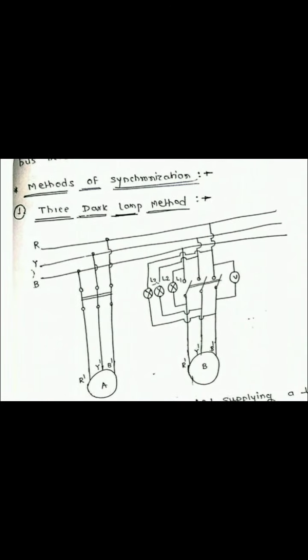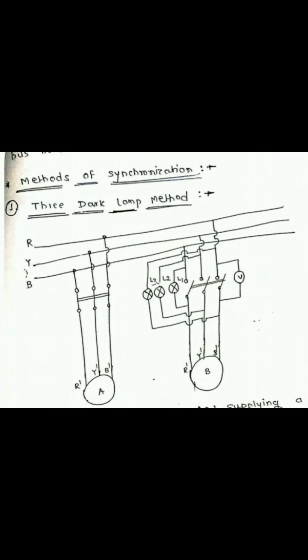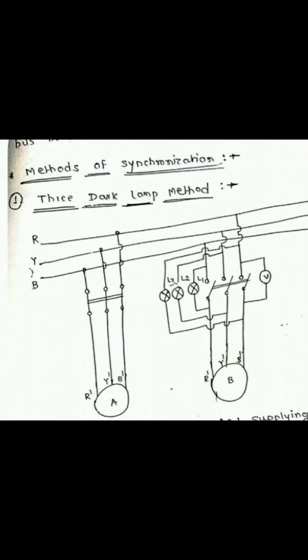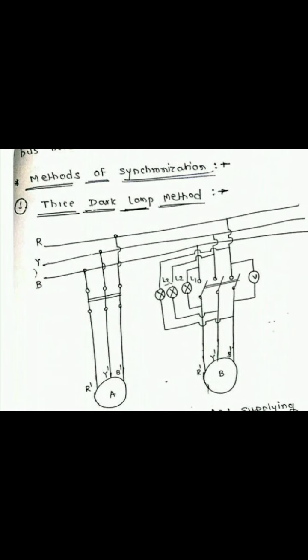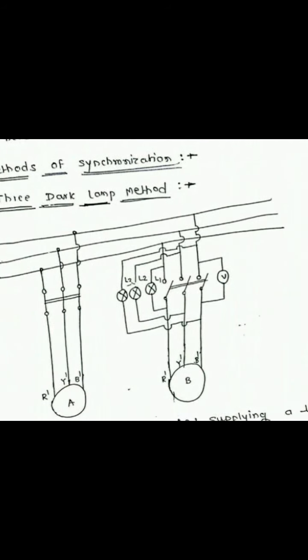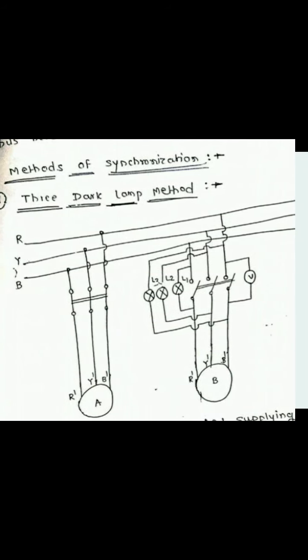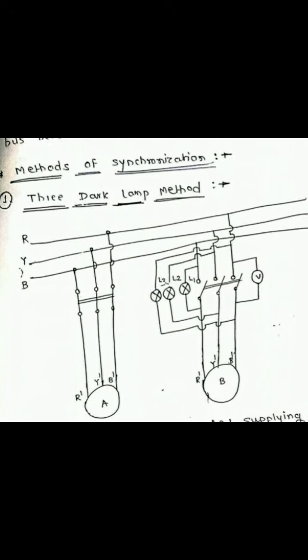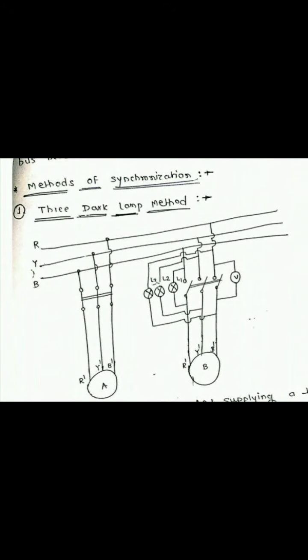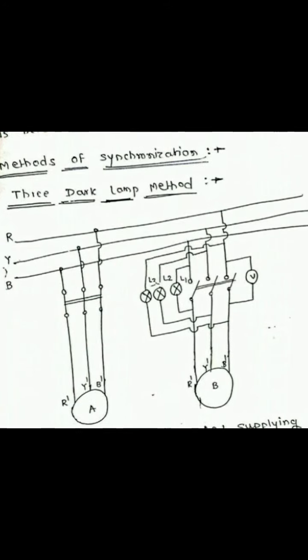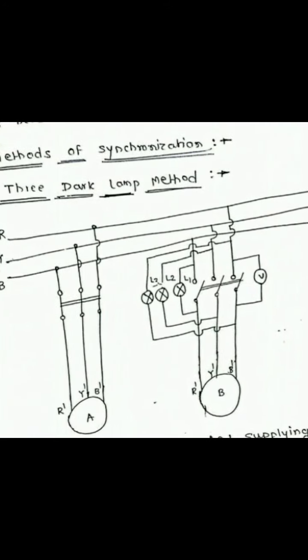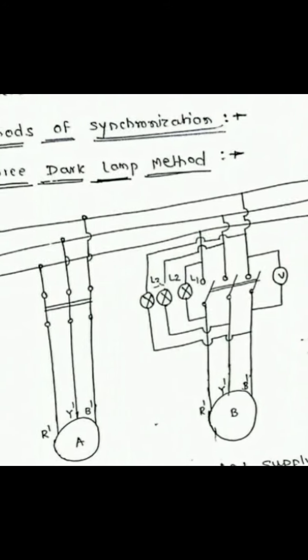As shown in the figure, there is a 3-phase supply, that is RYB, the alternator A, and the alternator B. The alternator phase sequence, that is R dash, Y dash, B dash, is shorted by a switch. Alternator B has a triple pole switch, which is connected to 3 lamps, that is L1, L2, L3.